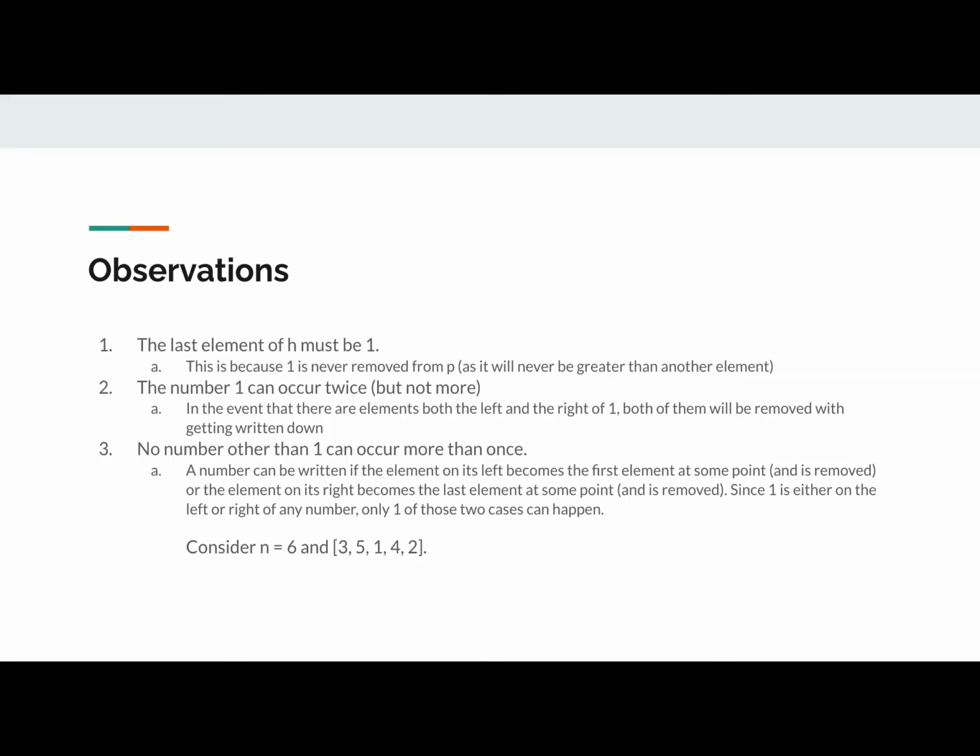So for instance, if you consider the example I have down here, if you consider the four here, one is to the left of it, and this one will never get removed. So no matter what happens, four will only get written down at most once because when the two is removed, we'll write down four. So by similar logic, no number other than one can occur in H more than once.